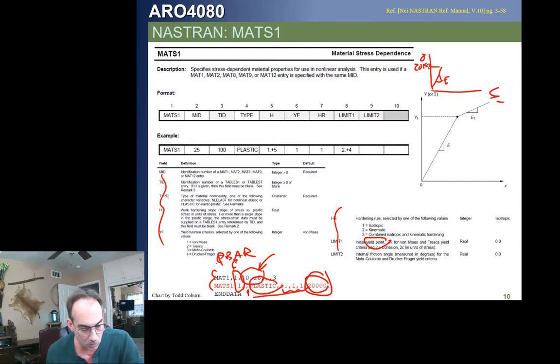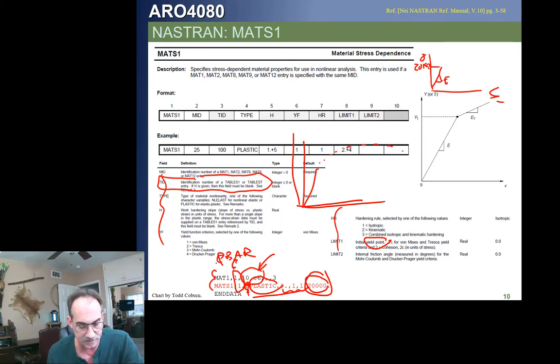The third field here that we left blank is the one that allows us to call out a table where we put in a set of values. If we use those table entries, instead of just having the initial stress strain curve, you can call out a table of values that define the rest of the curve.